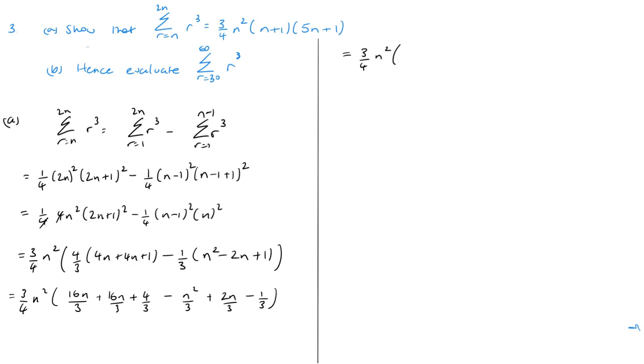Then we've got 16 over 3 n squared minus n squared over 3. So that's 15 over 3, which is 5n squared. Then we got 16 over 3n plus 2 over 3n. That gives me 18 over 3n, so that's going to be 6n. And then we got 4/3 minus 1/3. So it's going to be 3/3 or 1.